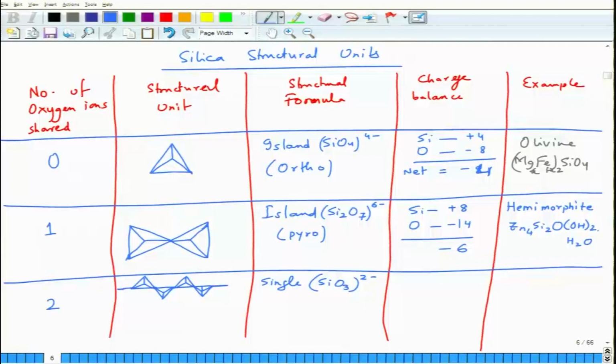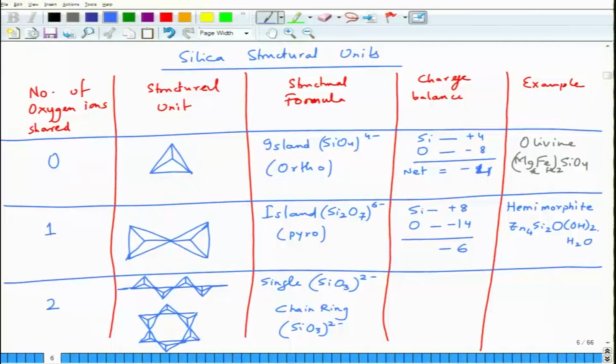So, just shared along these 2 sides. So, this is SiO3 single chain, and you can have this kind of structure in which it will make a hexagonal ring, just a single ring structure. Okay, and this is basically called a chain ring molecule, which is SiO3 2 minus, again only 2-fold sharing.